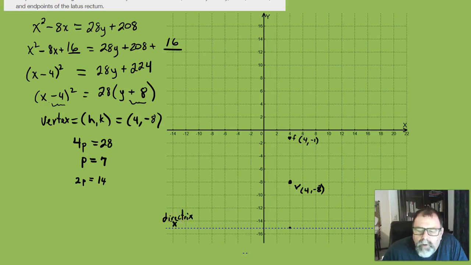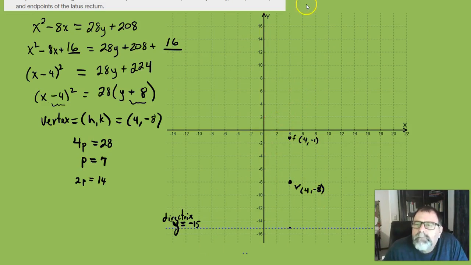X, no, that's y, so it goes through the y-axis, so it'll be y equals -15, and then the x symmetry goes through the focus, the vertex. Okay, so that's our x symmetry.